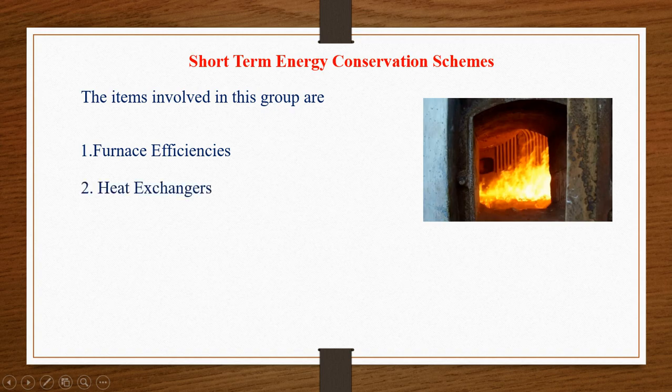And next, heat exchangers. What is meant by heat exchanger? Heat exchangers are systems that use a fluid to absorb heat from a hotter outside source without the fluid and the hot source mixing together.